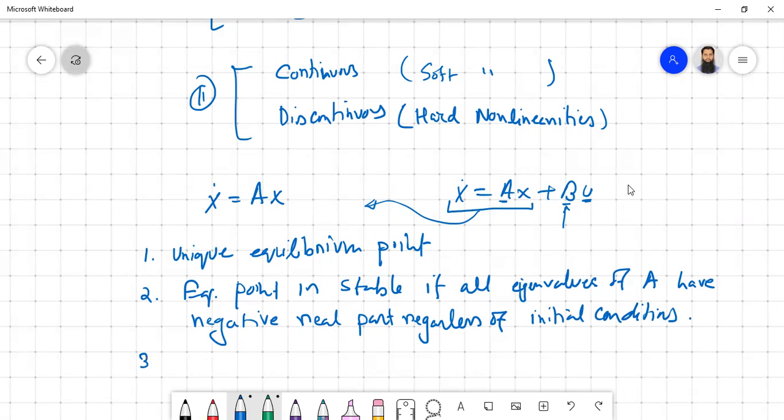Next property that we have is that the transient response of the linear system is composed of the natural modes of the system. In general, the solution can be solved analytically.